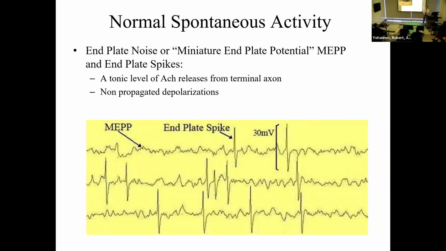Those happen spontaneously all the time, and they're probably important for the maintenance of the muscle. But they're not enough to reach threshold and create an action potential to activate the muscle.